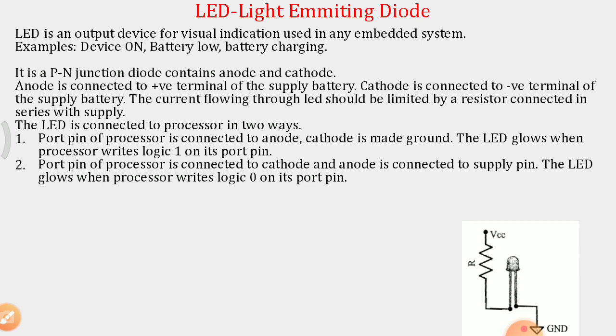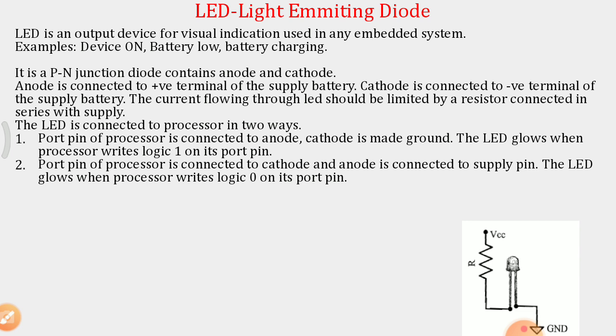For example, device on indication will be shown by the LED, like a green LED for device on, red LED for device off, or battery low. If any embedded system has a battery, to show battery low, the LED can be glown. For battery charging also we can show it. In any mobile phone, when we connect a charger, there is an LED which is turned on inside the mobile.